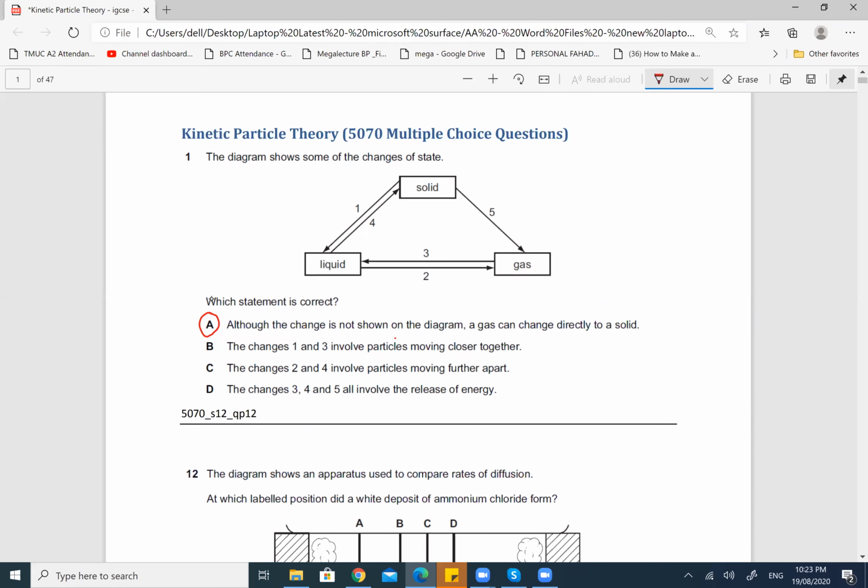In change one, the particles are getting further apart. Yeah, that's right. What about C? In four, they're getting closer together. Yep, that's fine. What about D?